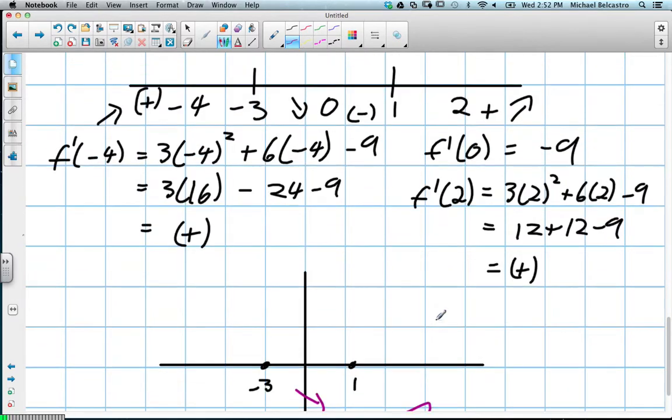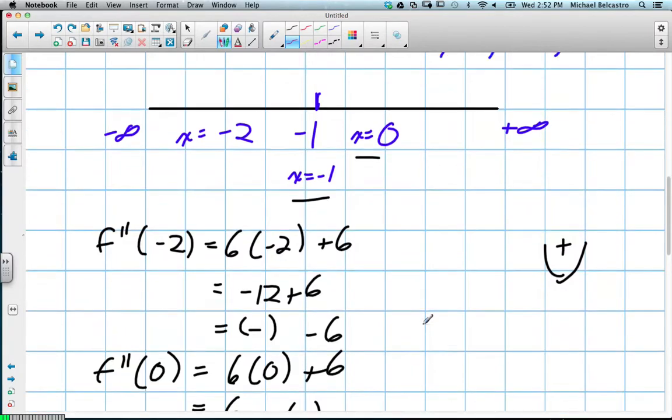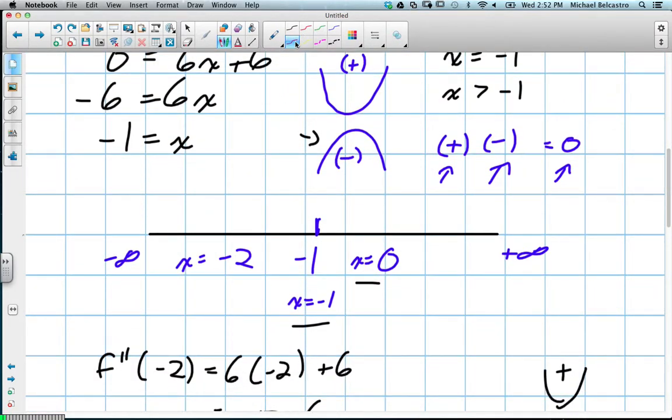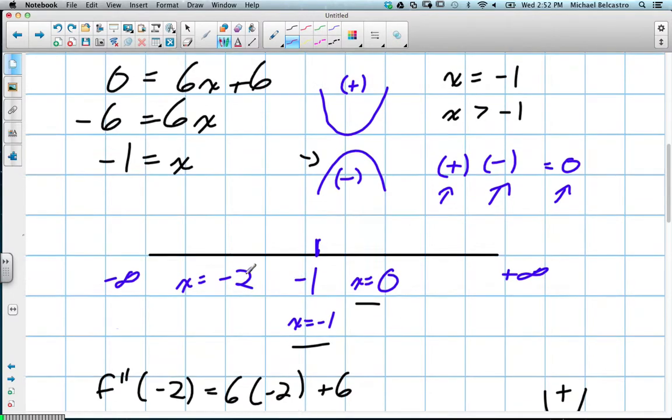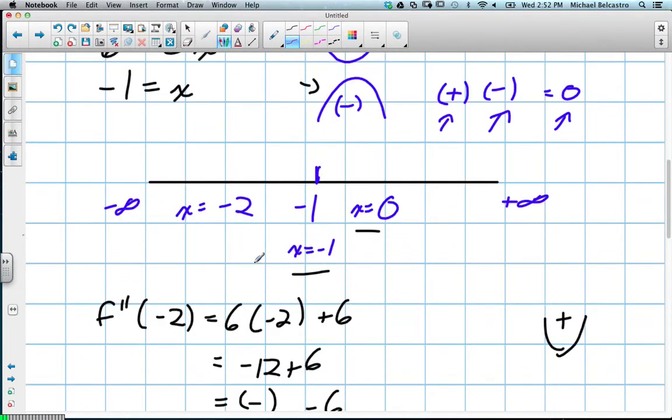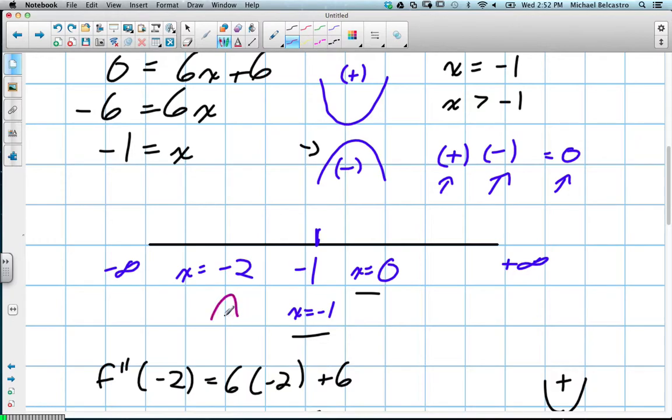And due to our second derivative, we know that we are concave, lost track here, negative 2. At negative 2, we were concave down, I believe. Yep, so at negative 2, we're concave down, and concave up after our critical value of negative 1.